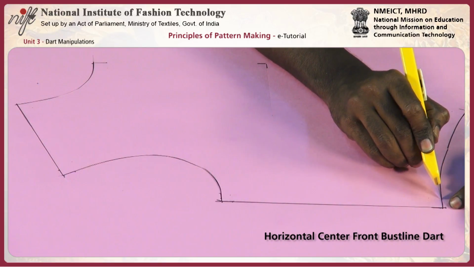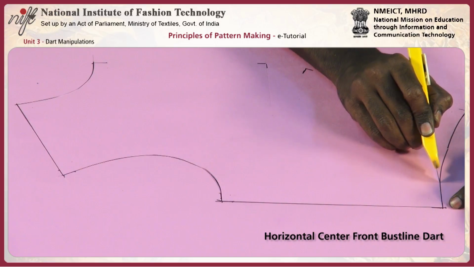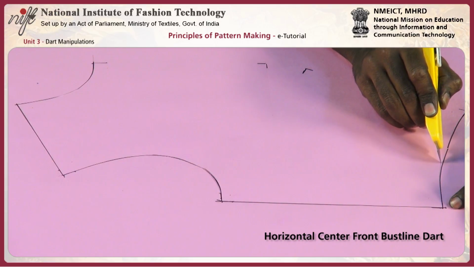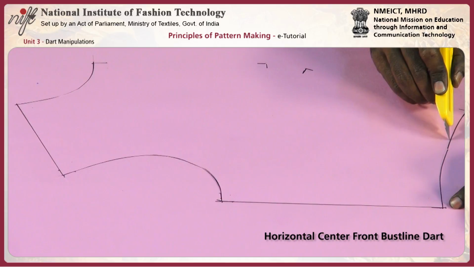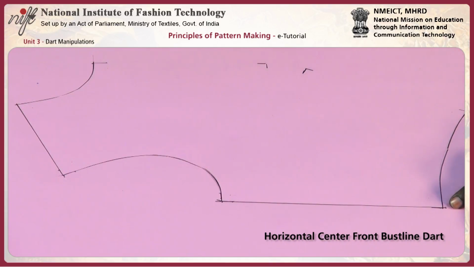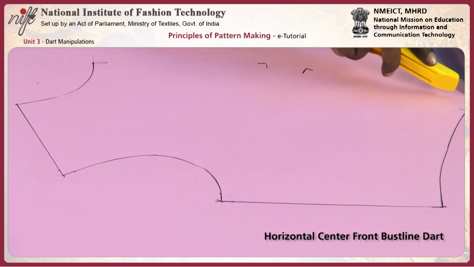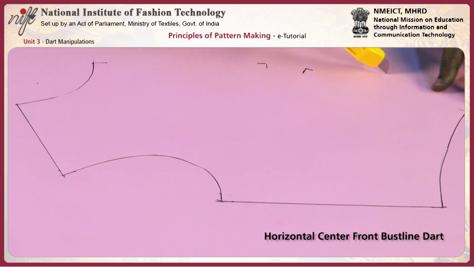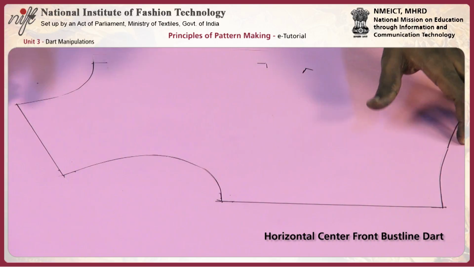Cut the waistline. Make sure it is smooth. Otherwise you can use the French curve to make it smooth. We have to true the dot, so leave extra space. Cut the center front.